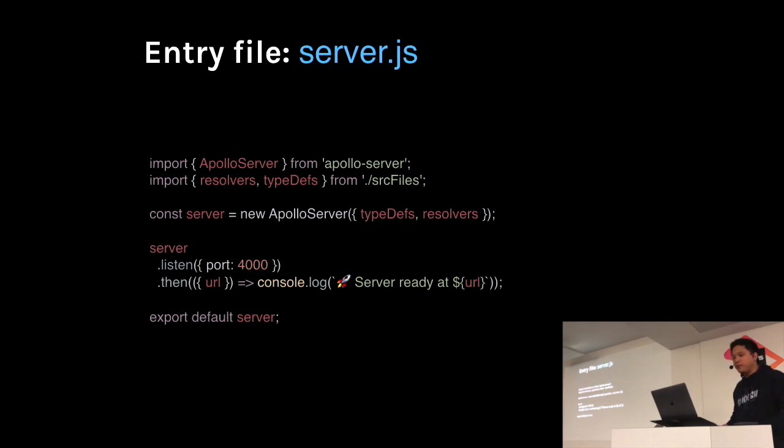Graphpack also takes care of the server part, so you don't have to write what you would do in Apollo server or in Yoga. Which means this is also the main entry point in Webpack when you think about it. So there's nothing fancy going on in there. This is just an entry point with the code that you just saw before.